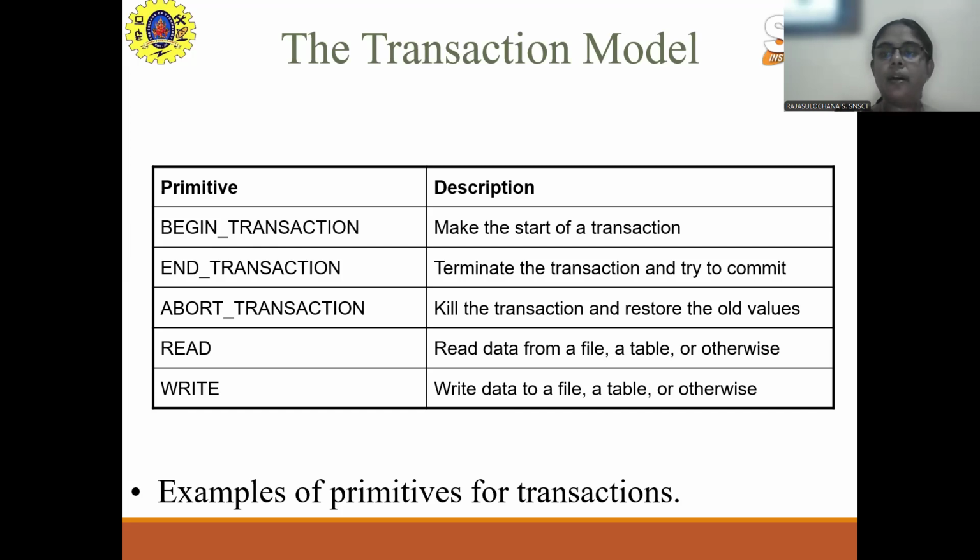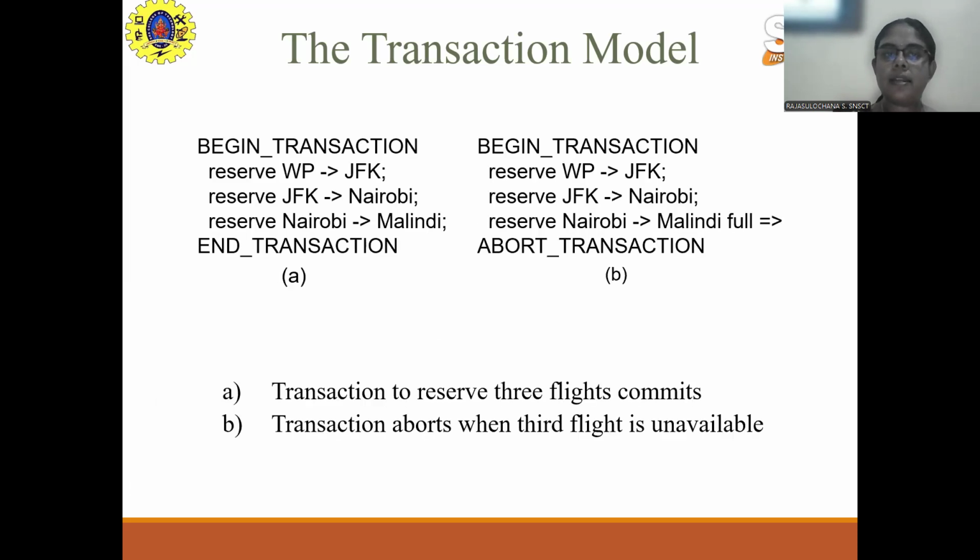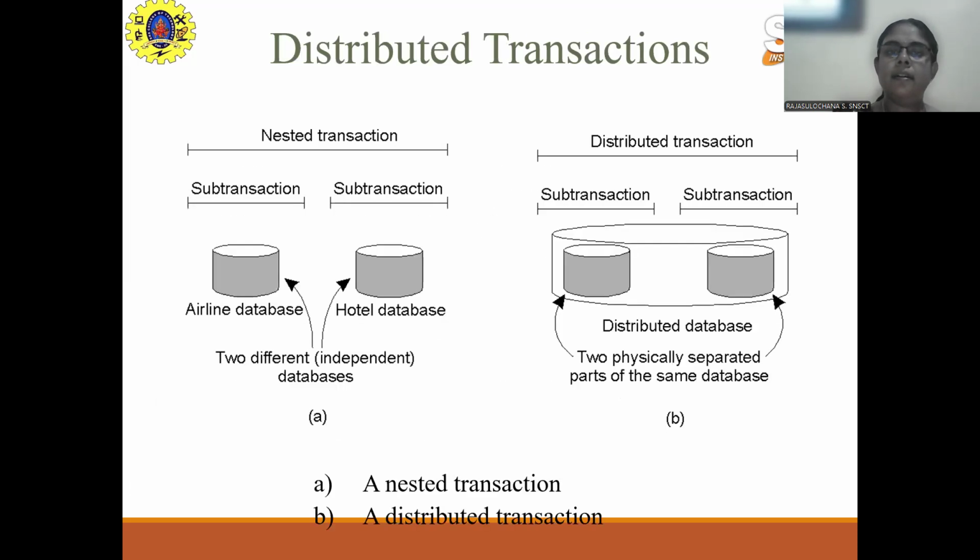Read is to read data from a file, and write is to write data into a file. These are the various primitive operations that we use in a transaction model. This is an example of a distributed transaction. It contains first a nested transaction, whereas the second one is a distributed transaction.